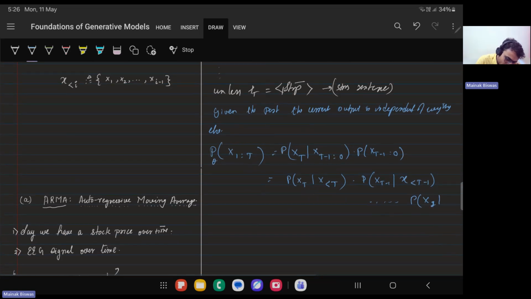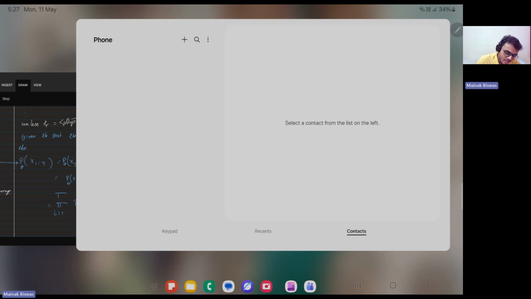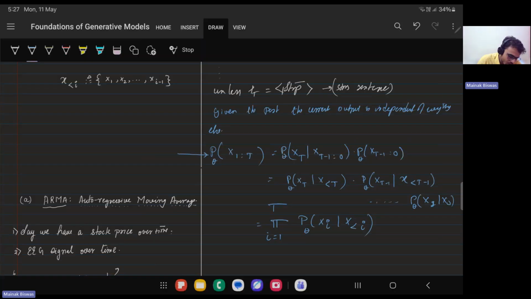This is nothing but the product over i equal to 1 to capital T of p of xi given x less than i. This is called the autoregressive model. The joint distribution is given by a product of the independent predictions of each token given all of its past. This is the joint of the autoregressive model.